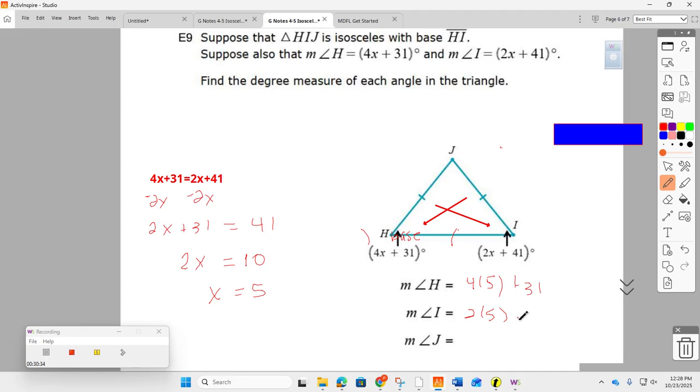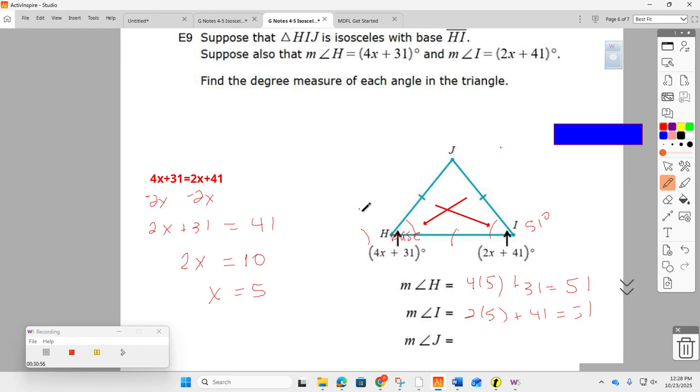So I do the math, 20 plus 31 is 51. Well, these should be congruent, right? So if H is 51, then I should be 51 too, and we can double check that. 2 times 5 is 10, plus 41 is 51. So we know I is 51 degrees. We know H is 51 degrees.